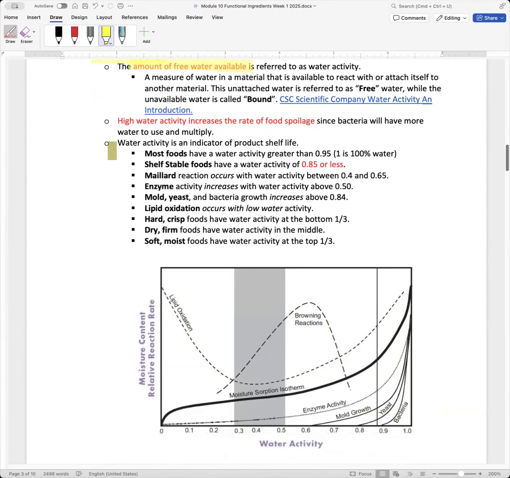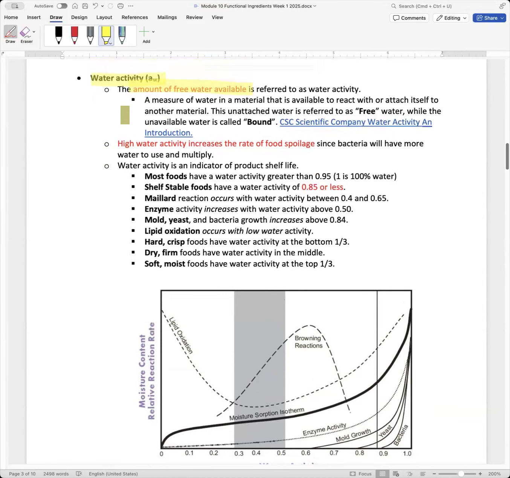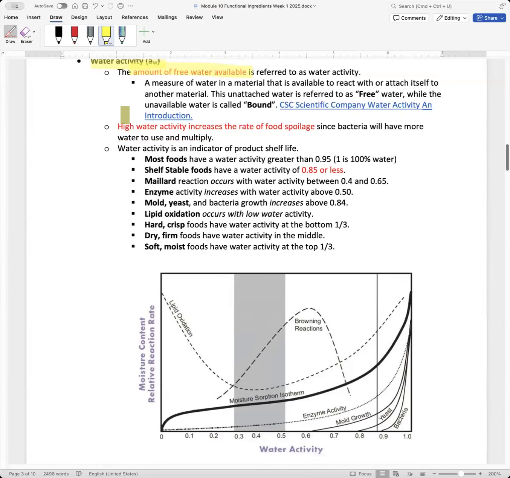The easiest way to talk about water activity is that it's water that's available for chemical reactions or microbial reactions. So it's the water that's available to react with or attach itself to another material.